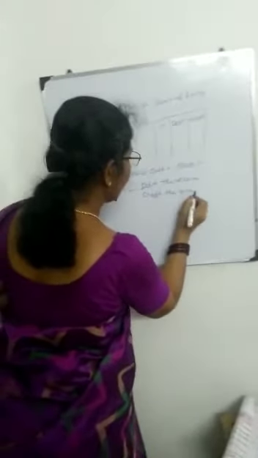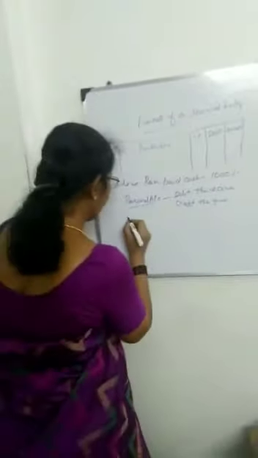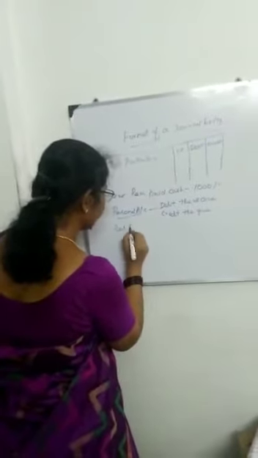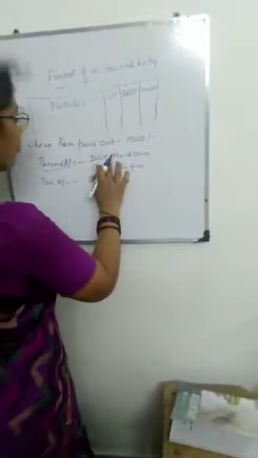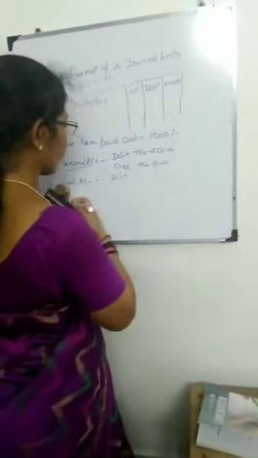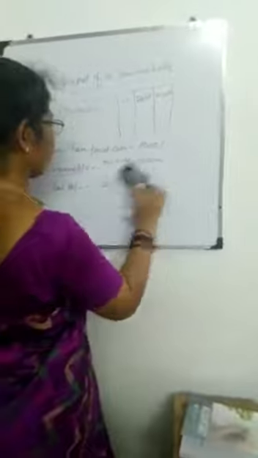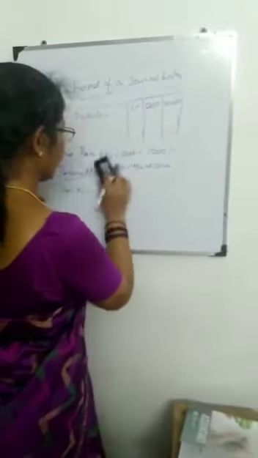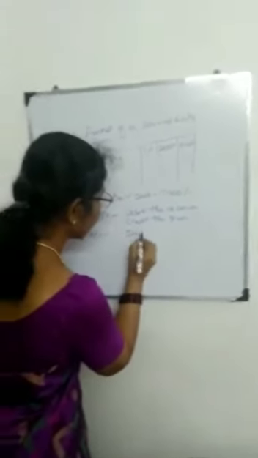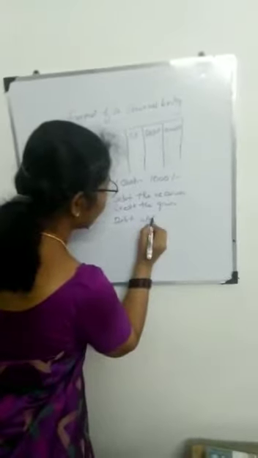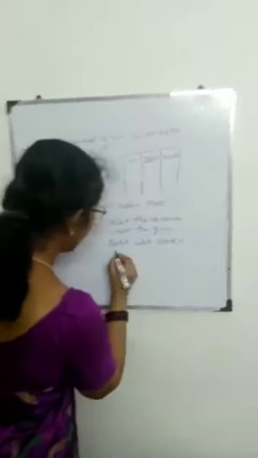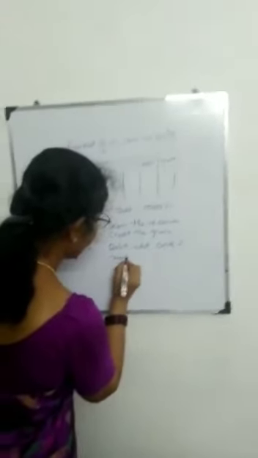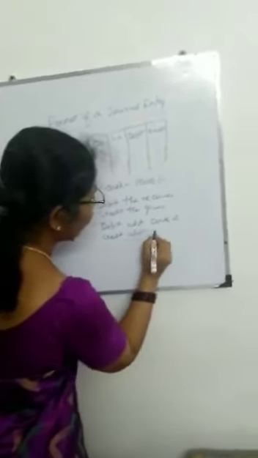Then real account: debit what comes in, credit what goes out.